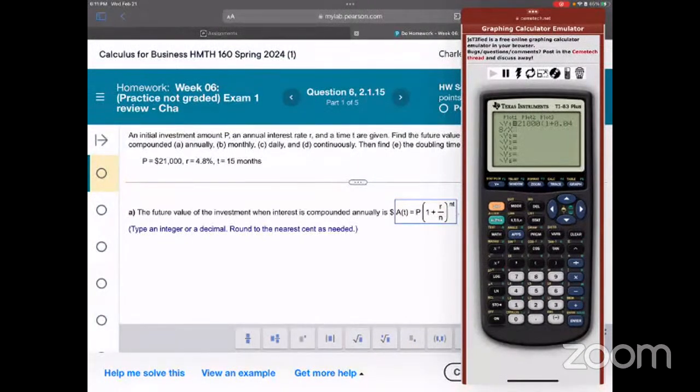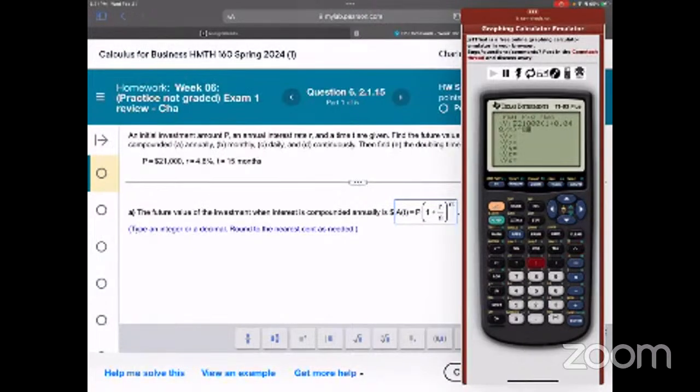Close parentheses, hat, then parentheses. Our N is our variable, and the time.